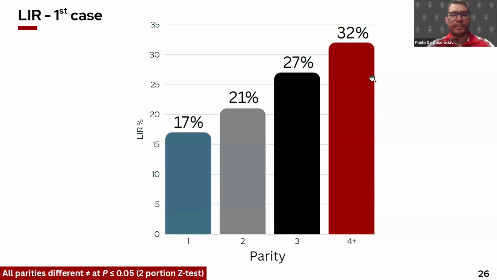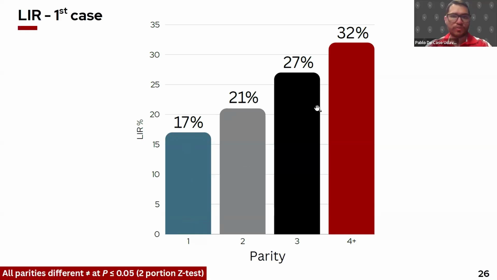So to put it shortly, if we have 100 first parity cows, just by being first parity, 17 of them are at risk to develop clinical mastitis. And then if we move forward to 100 cows of second parity, we're looking at 21%, or 21 cows having the risk of developing that outcome.